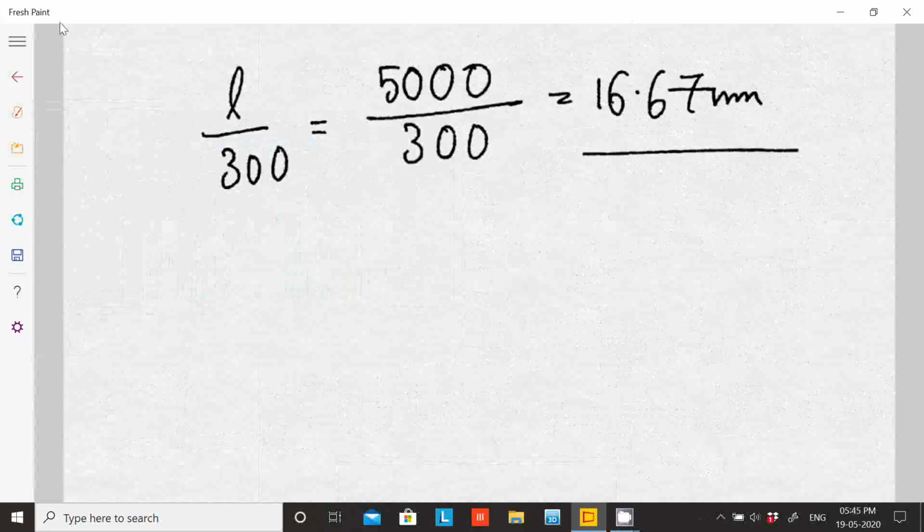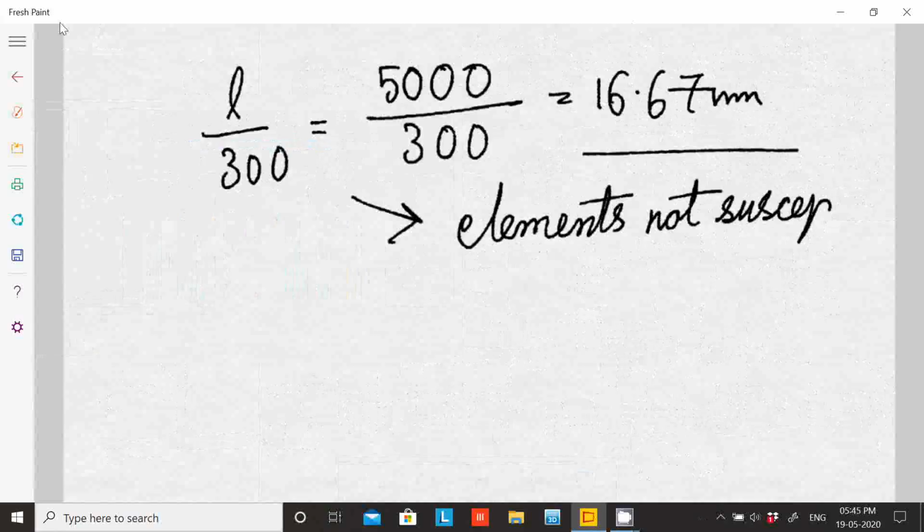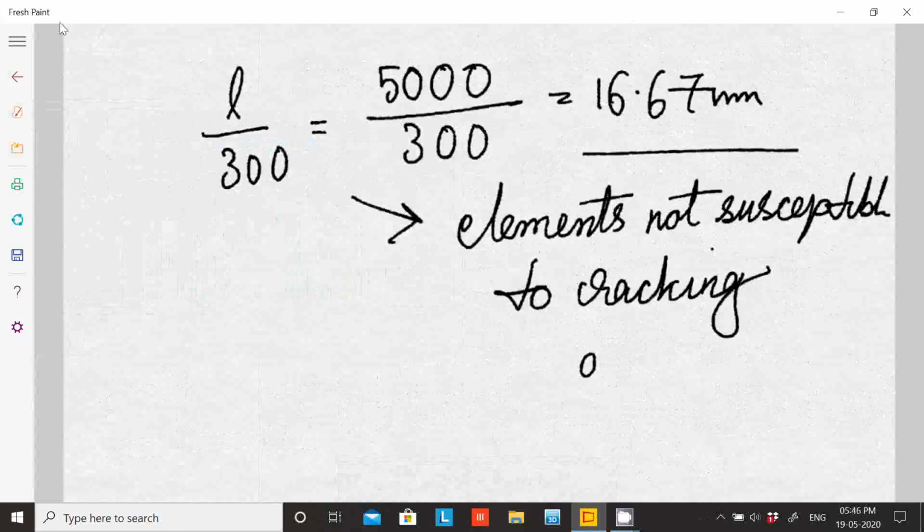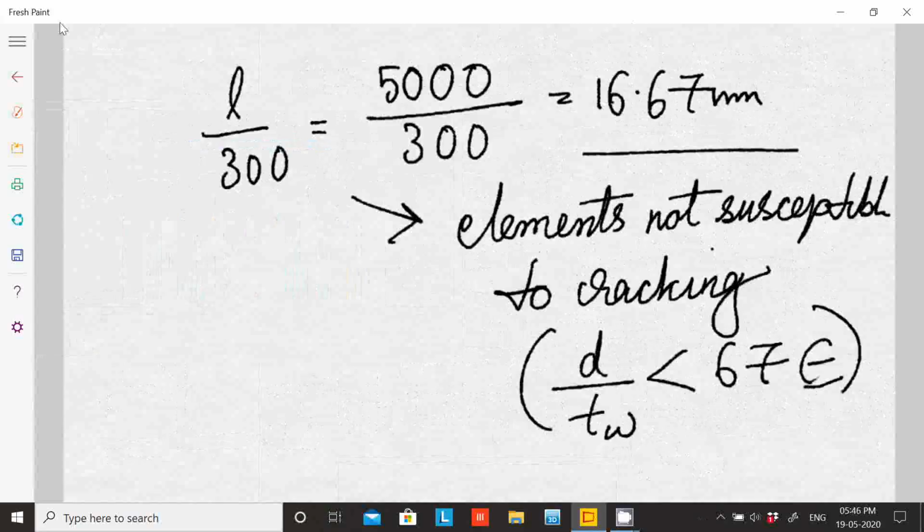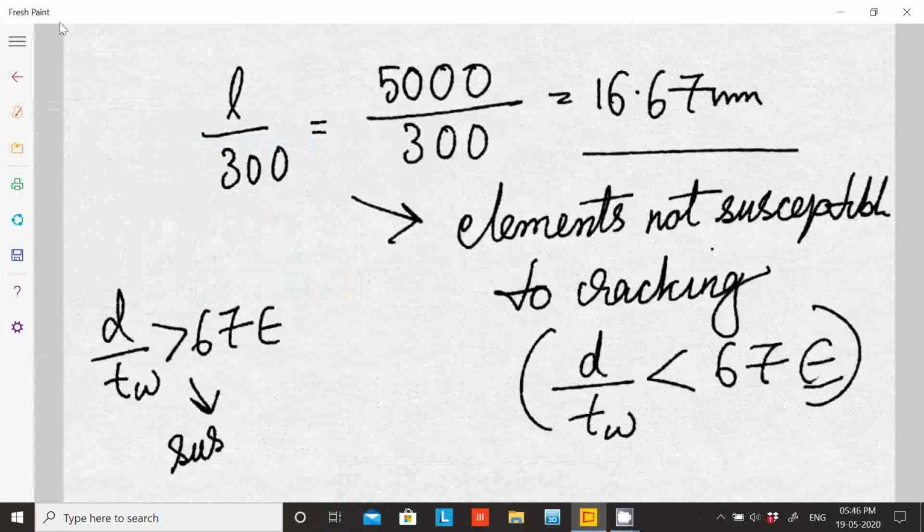So this is the maximum permissible deflection for elements not susceptible to cracking, which you have determined using d by tw less than 67 epsilon. Once again I am repeating, if d by tw would have been greater than 67 epsilon, then it would have been susceptible.